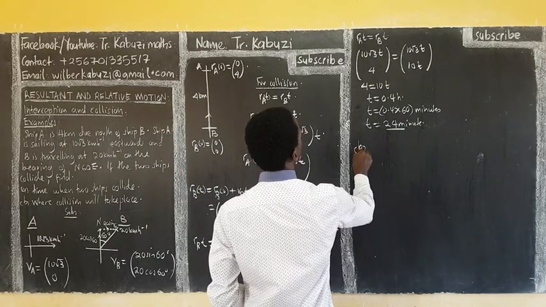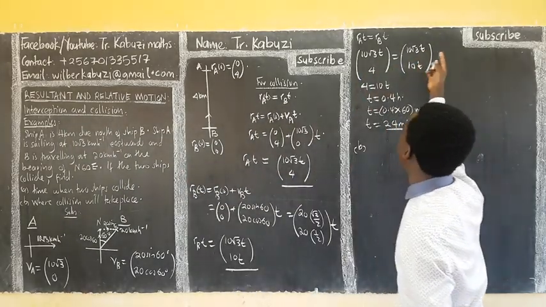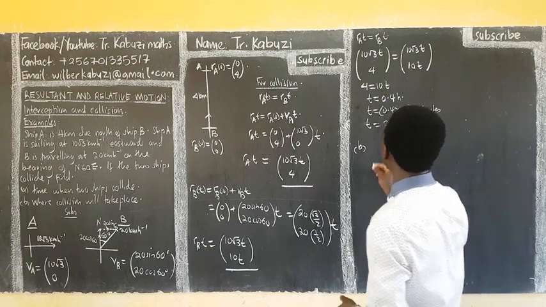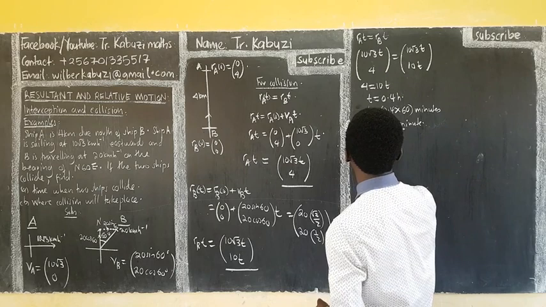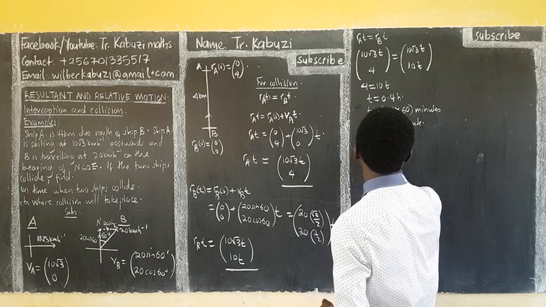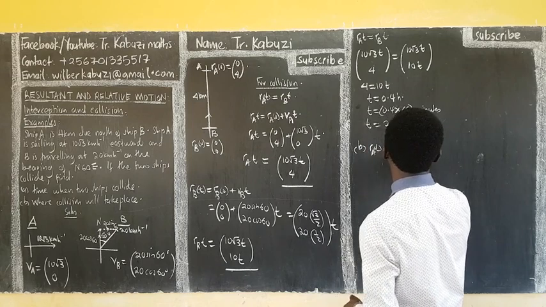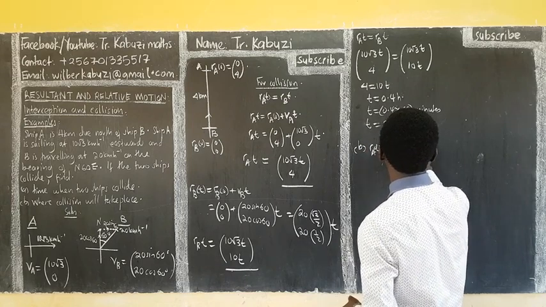Our part B, so collision will take place when this is equal to this. So we can take this or we can take this. That would be the point when R of t will be 10 root 3 t, then 4.